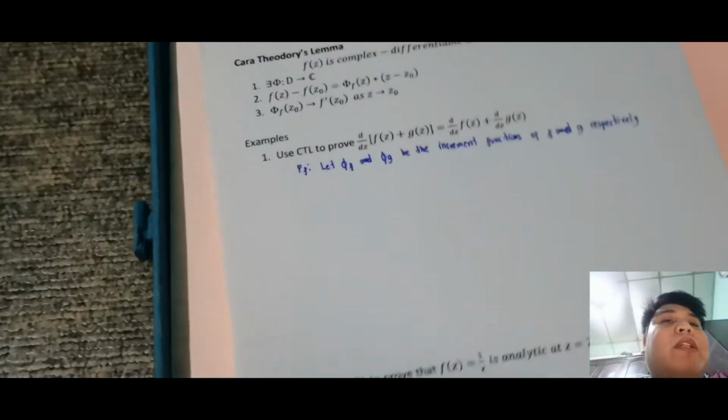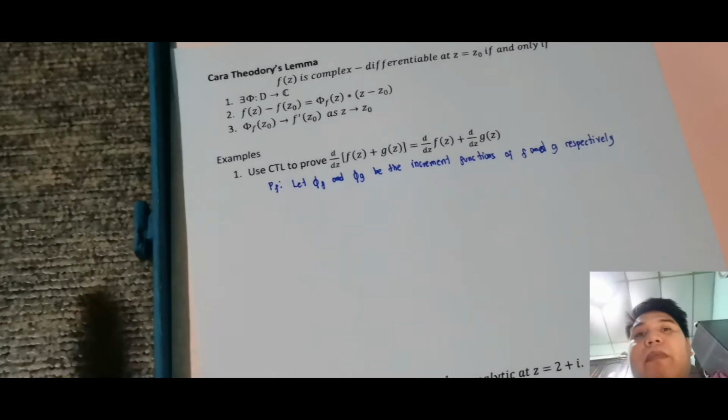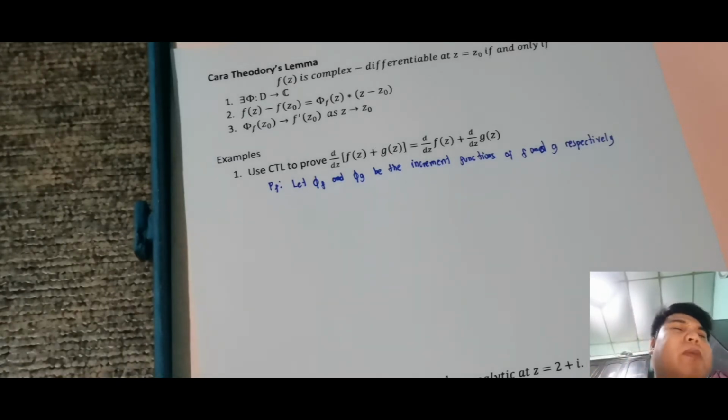Okay, so the assumption, in the first definition, says let f and g be complex differentiable. So meaning since they are complex differentiable, the p function of f exists, and the p function of g also exists.